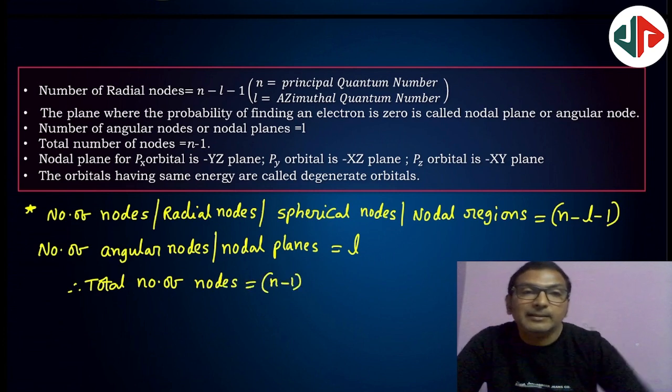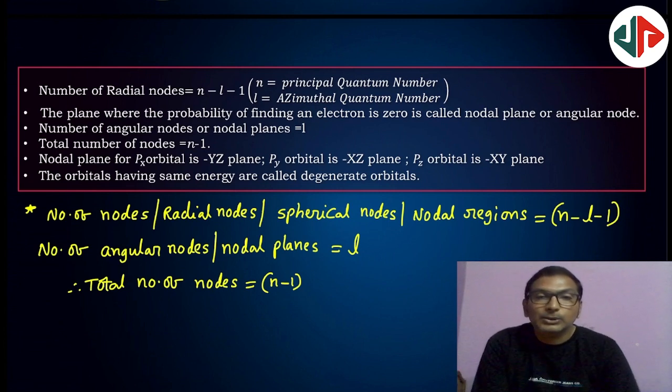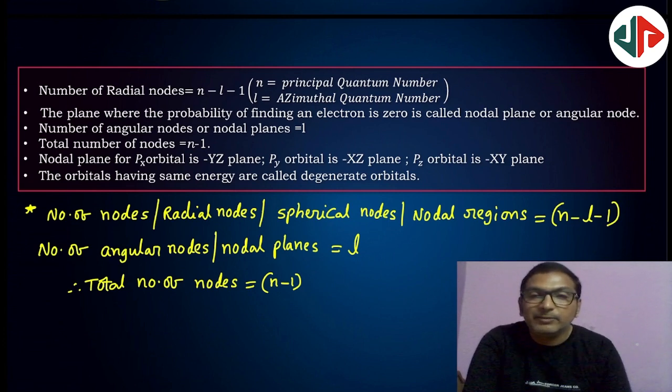Remember these three. So nodal point is the point at which there is minimum probability of finding electron. Nodal plane means the plane at which probability of finding electron is minimum. Radial nodes n minus L minus 1, angular nodes L, total number of nodes n minus 1.